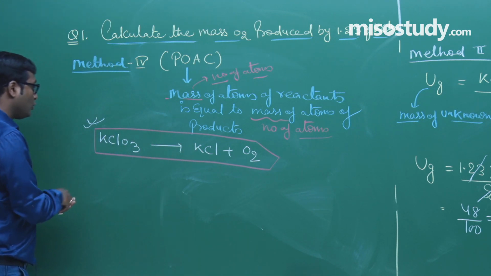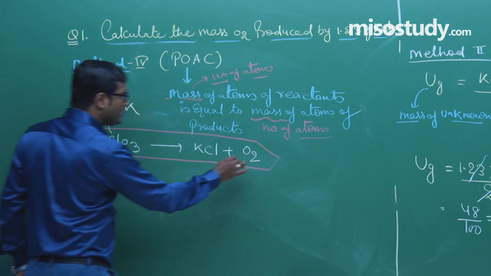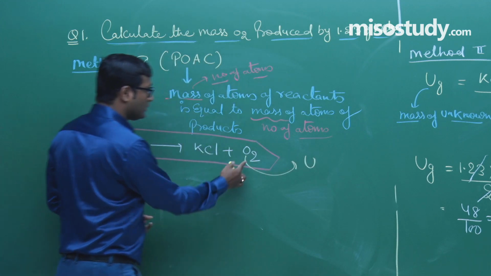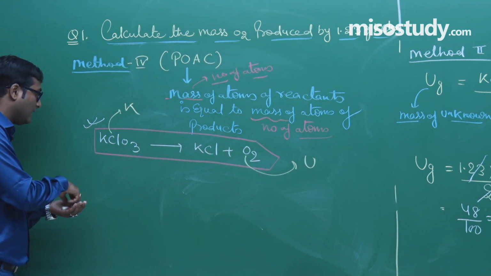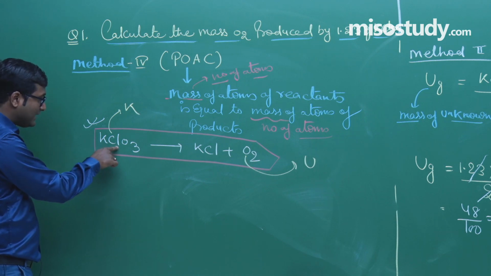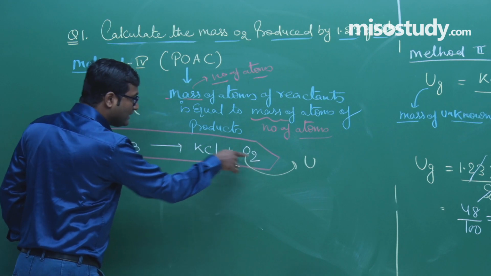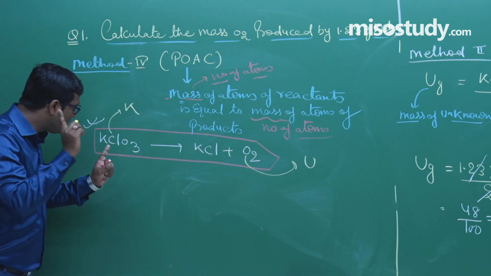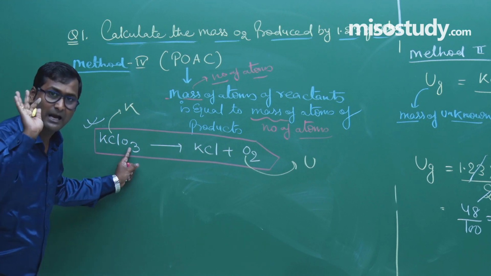Now check it out how to apply. Look at which one is known. This one is known. Which one is unknown? This one is unknown. Mark them. Now listen carefully to what I am telling. Oxygen is common in KClO3 and O2. Here 1 mole of KClO3 contains 3 moles of oxygen atoms. Am I right?